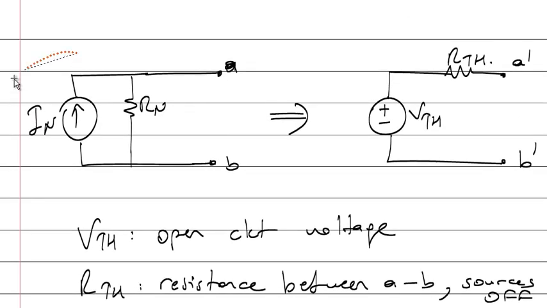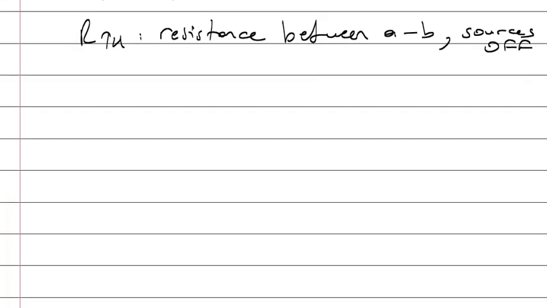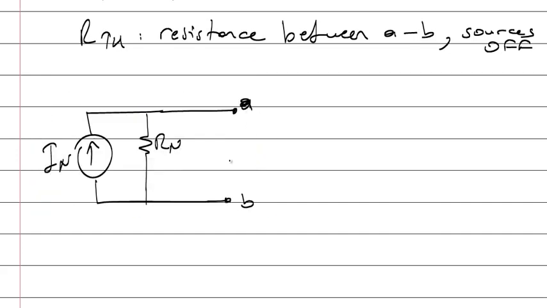So what's the open circuit voltage? Calculate the voltage between points A and B. Points A and B are the terminals of the resistor. What's the voltage of that resistor? VAB is equal to the voltage of that resistor. Voltage of a resistor is resistance times the current on it, which will be the Thevenin voltage.